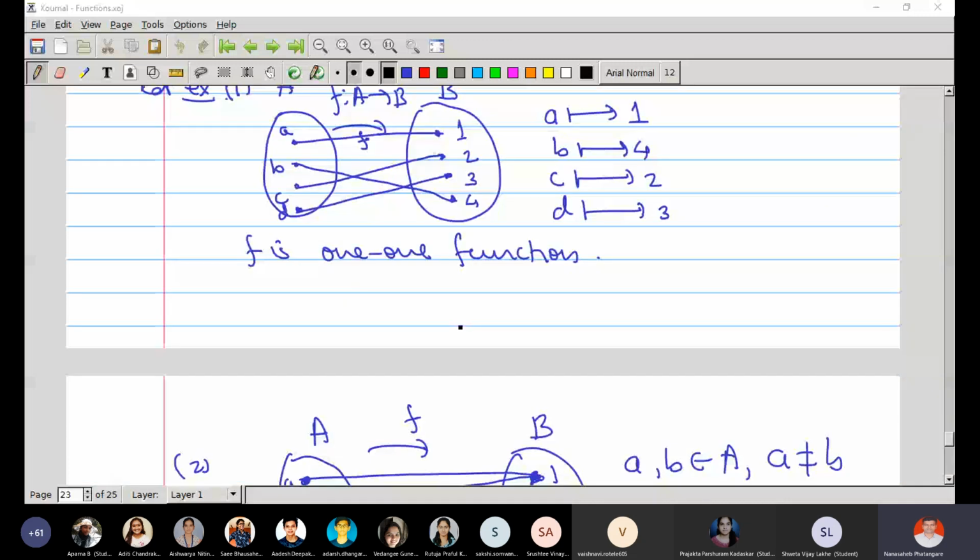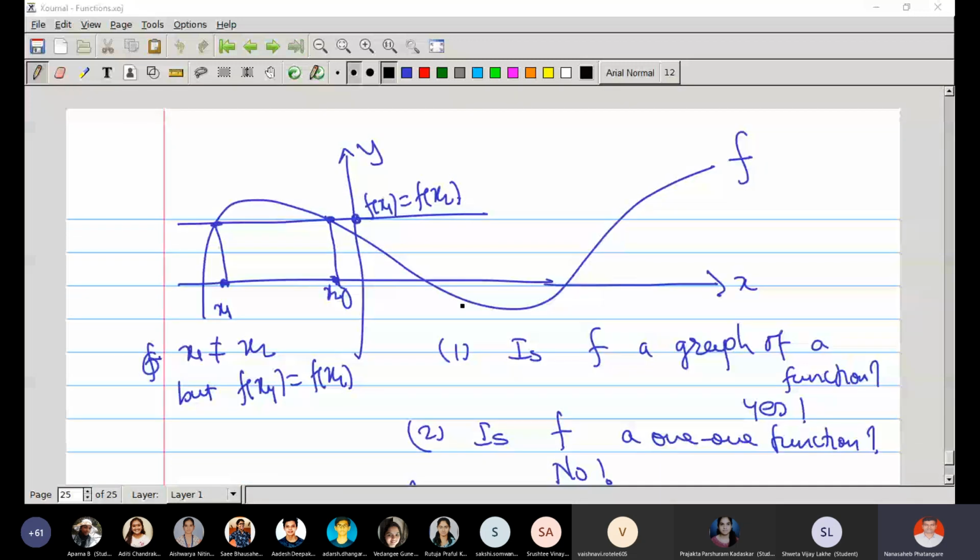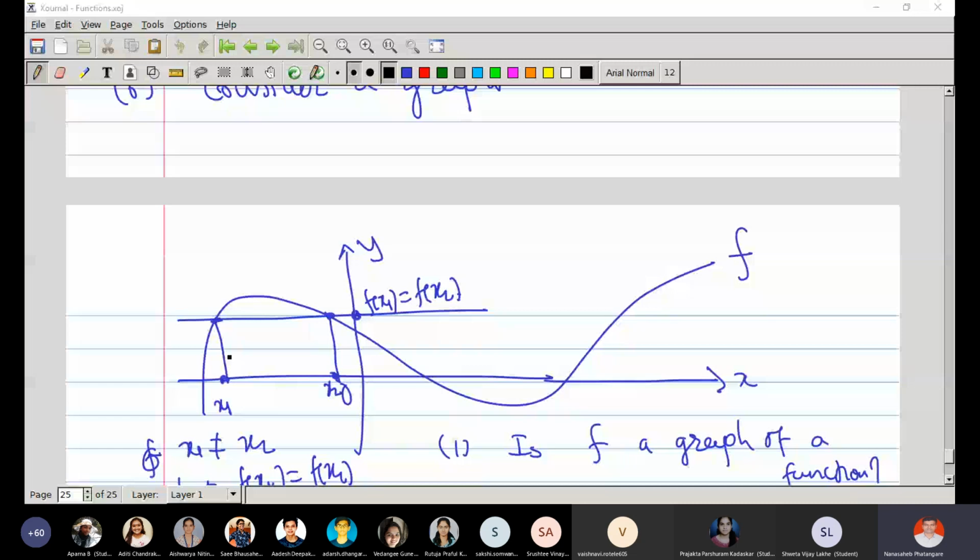So if you look at the graph of a function, and two distinct points x1 and x2 have the same image, then their y coordinates are the same on the graph. The y coordinate being the same means they are at the same height. So if you draw a horizontal line, that line intersects the graph at two distinct points. Right, so this is the horizontal line test.